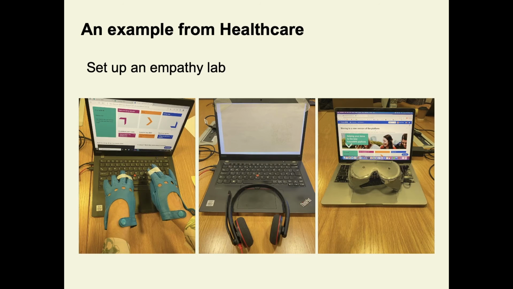I will give a recent example from a team away day that we had recently, where there were some senior leaders. So the product manager and I decided to set up a DIY empathy lab. We used some laptops, paper, safety glasses, tape, and gloves to simulate certain conditions such as arthritis, extreme zoom for people that need to do that, and we tried to simulate cataracts with the safety glasses.